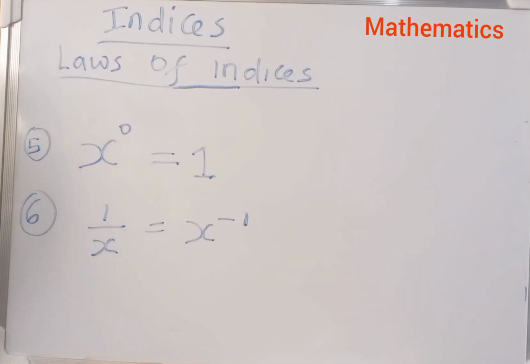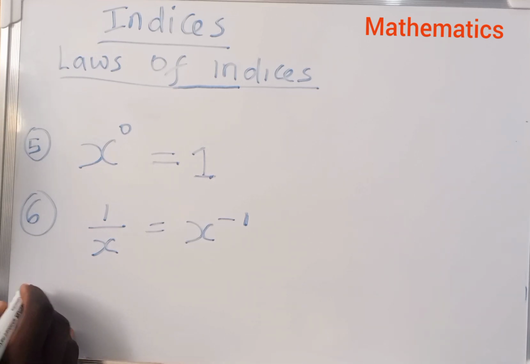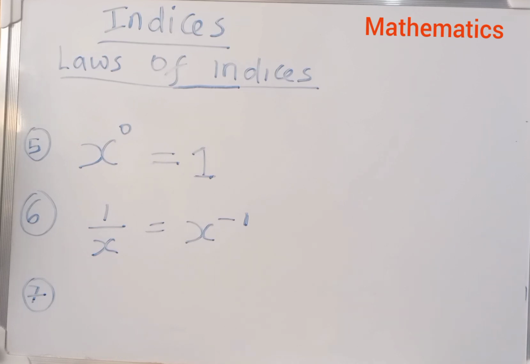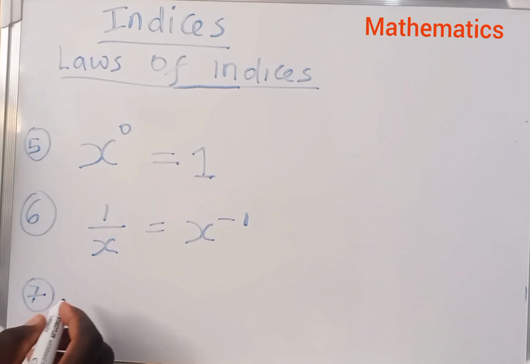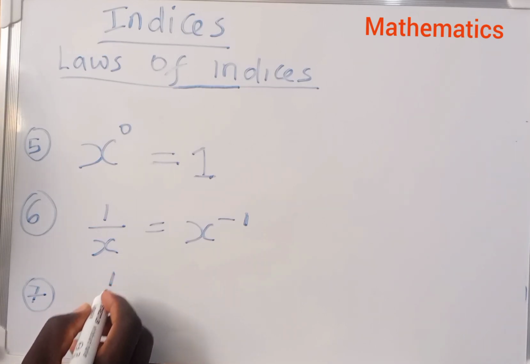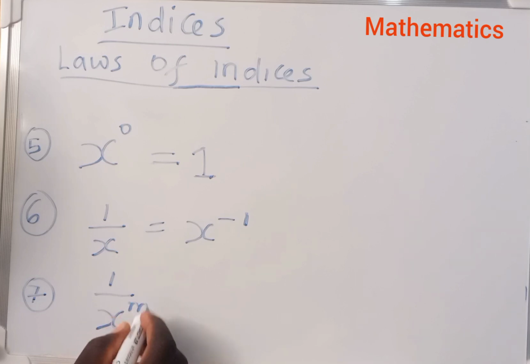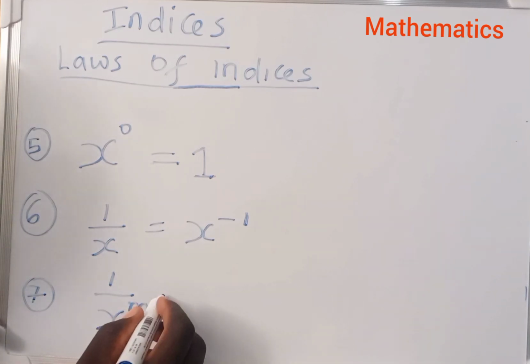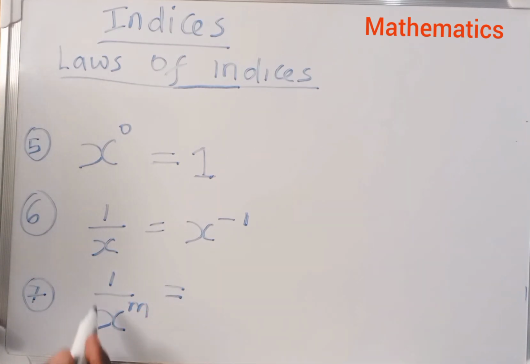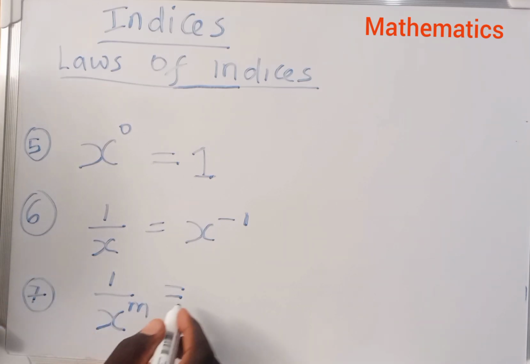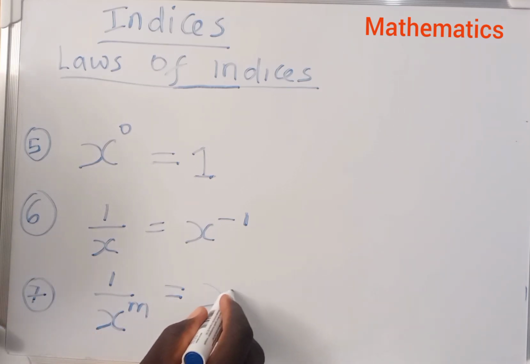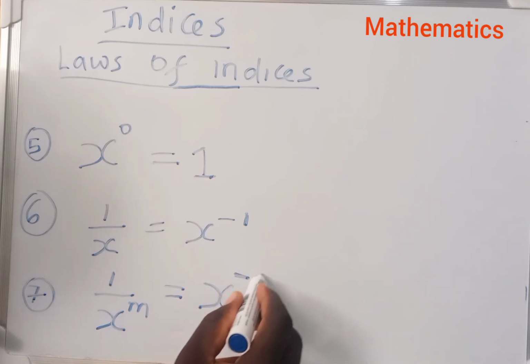Now, we can also have the seventh law of indices, which is 1 over x raised to m. It is almost close to the previous one, but this is how we write it. It is x raised to negative m.